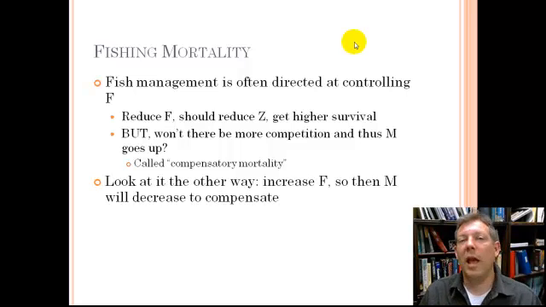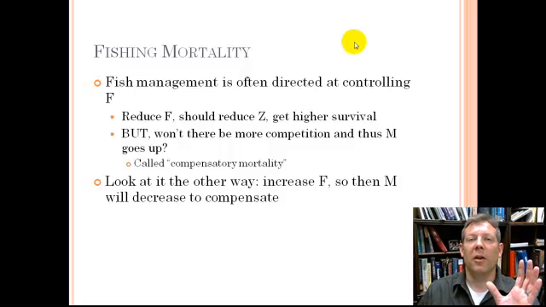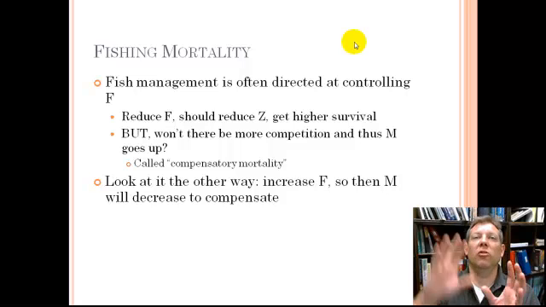And in the same way, if you increase F so that fishing mortality gets higher, say you liberalize the harvest and people are taking more fish, you'd think, okay, if fishing mortality is higher, then total mortality should go higher.